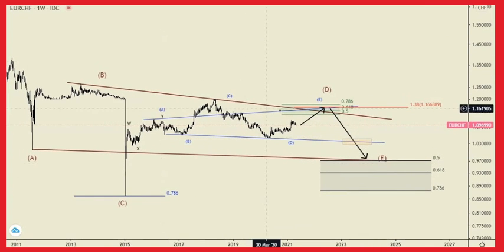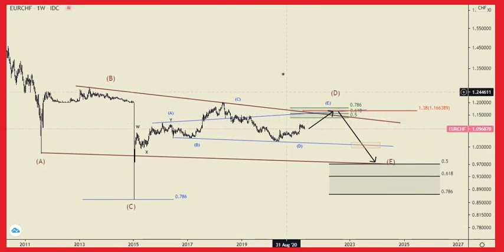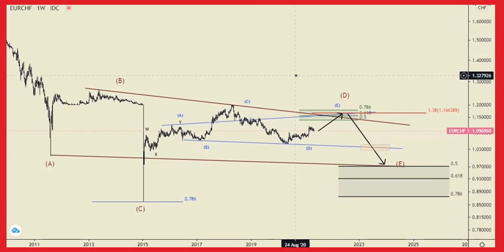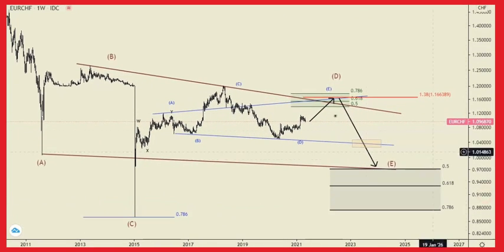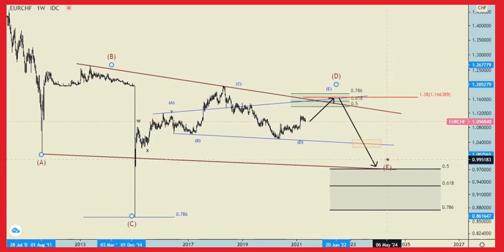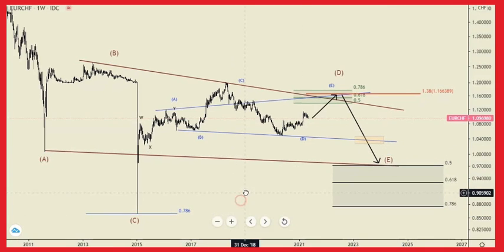Well, the pattern drawn for the D wave is a contraction triangle pattern, and we expect the bullish trend to change direction before the 78% level and see the formation of a triangular E wave pattern.